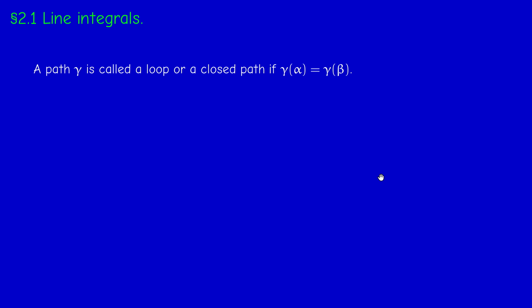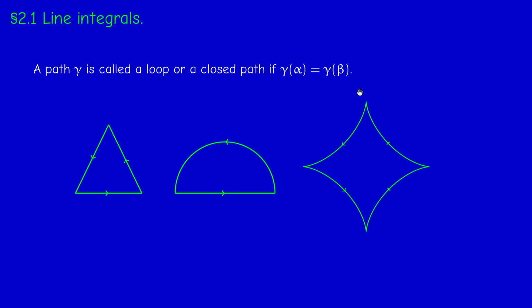Now, a loop or a closed path is a path whose initial and final point coincide. So here are some typical examples of loops. A triangle is a loop, right? Half of a circle followed by the diameter is also a loop.